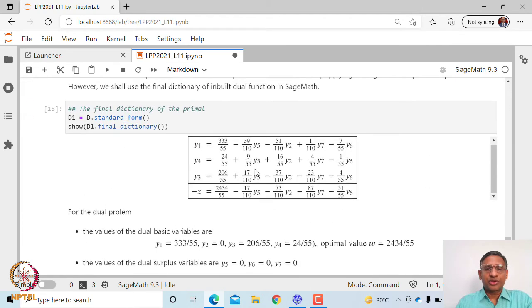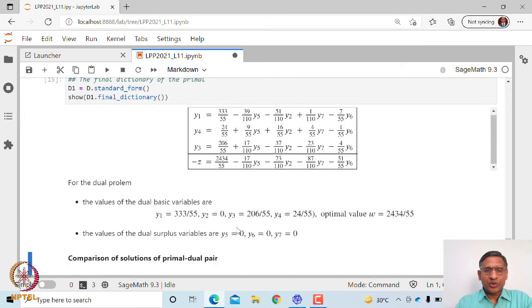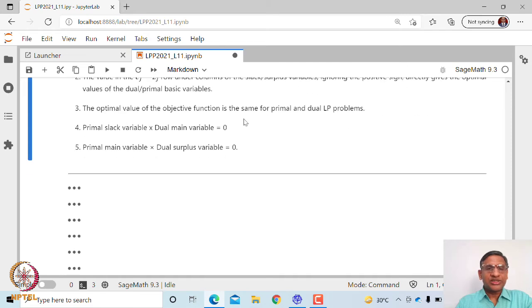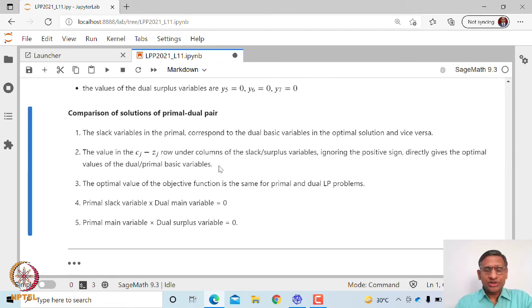For example, y5 is 0, and the corresponding x1 was positive, and so on. So using these observations, once you have solved one problem using the simplex method, the final simplex table will tell you the solution of both the primal as well as the dual.